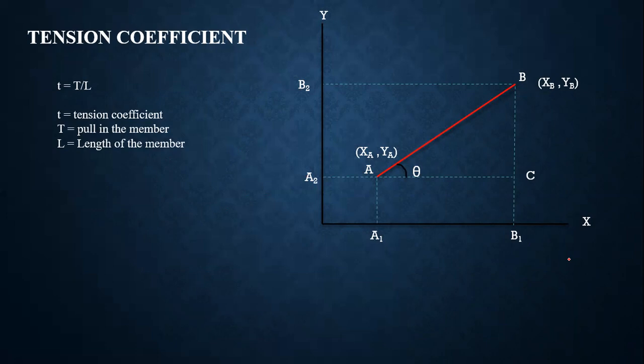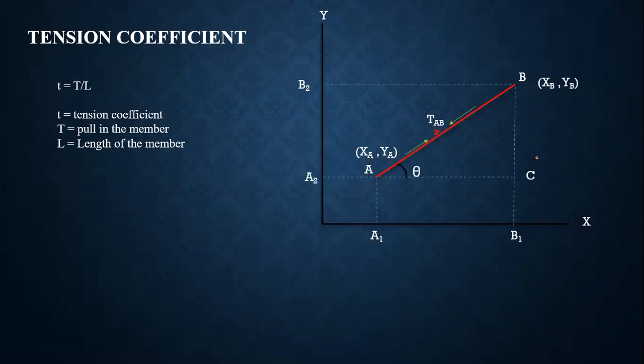Suppose member AB is a pin jointed perfect frame in an equilibrium condition, and this system is under an external force or a reaction acting at a joint. Suppose capital TAB be the resultant pull in this member, and these are the direction members.